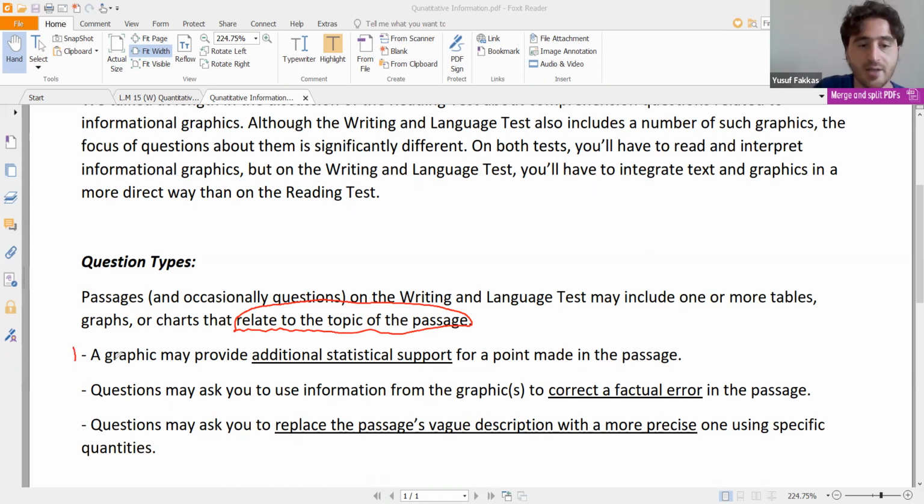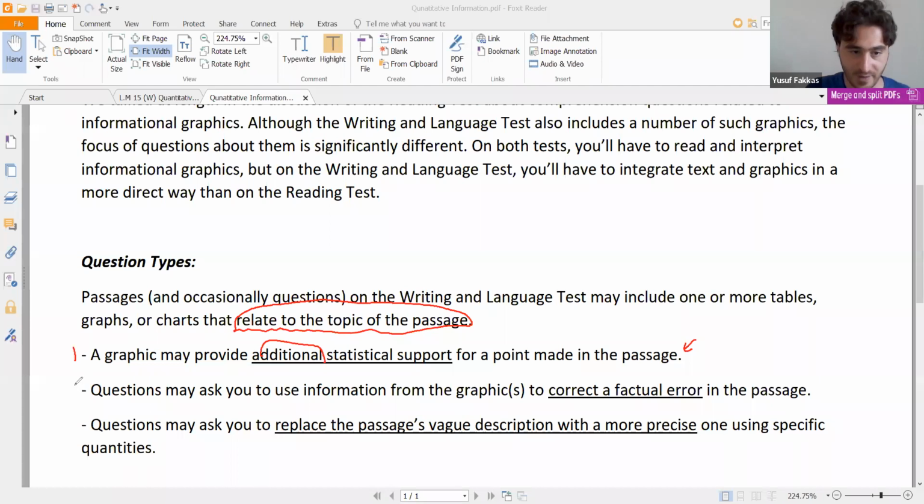Number 1, a graphic may provide additional statistical support for a point made in the passage. All right, so they give you the graph and they ask you, what can we add to the passage in order to support 1 point mentioned there, okay, from the graph itself.